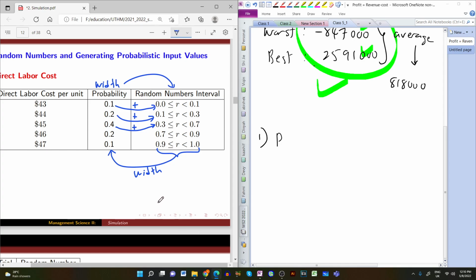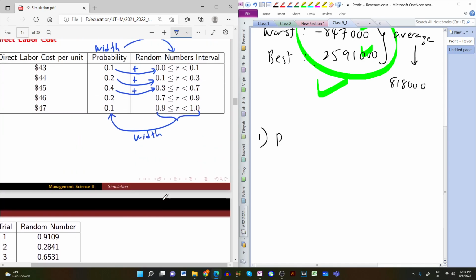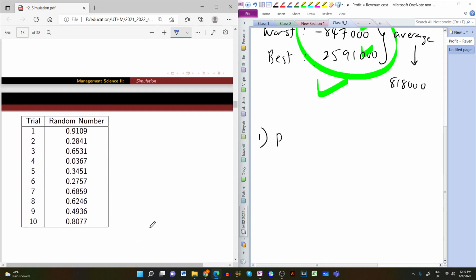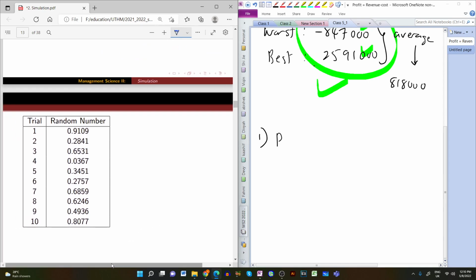Alright, so once you generate the random number intervals, now let us find the labor cost for the 10 trials or the 10 simulations. Now you can see here in the 10 simulations, you have random numbers between 0 and 1.